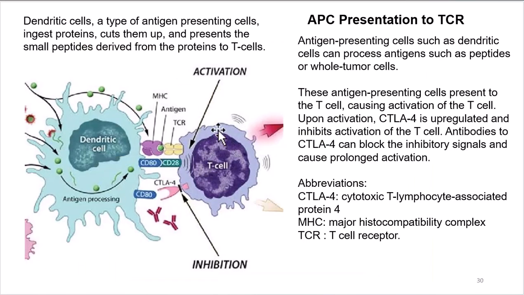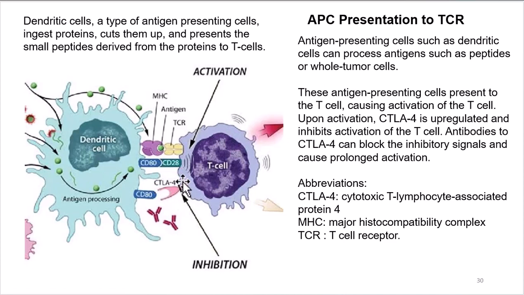So this complex here, we have the dendritic cell type. Again, it's going to phagocytose. It's going to eat, say, an external thing like a bacteria. It's going to have different receptors, but always it's going to have an MHC complex. In this case, we see the CTLA4.